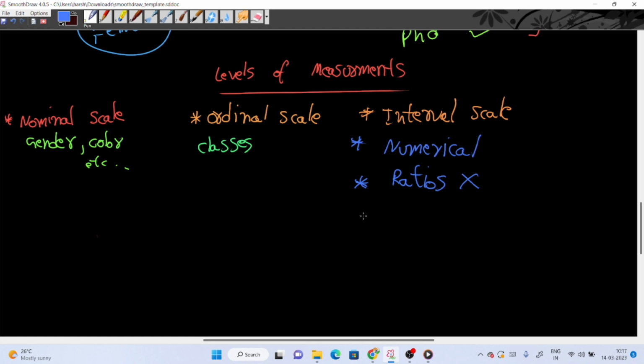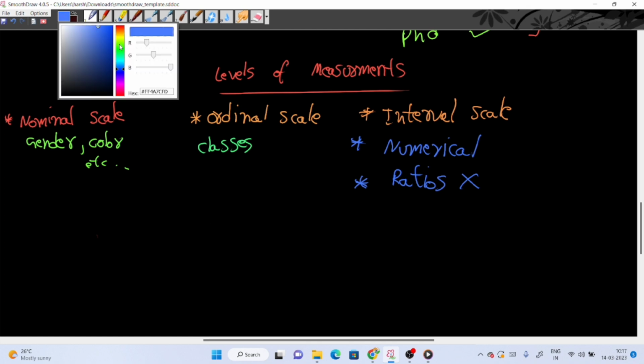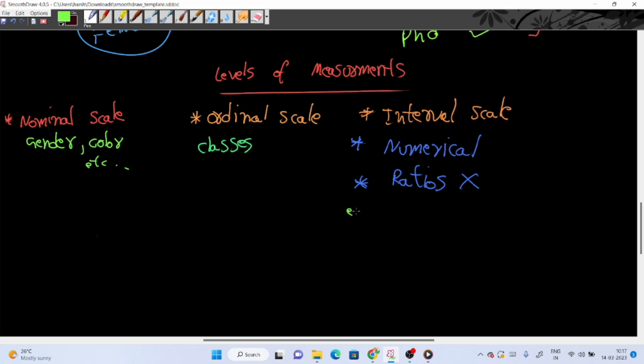The best example for it would be temperatures. For example, let us take two temperatures like 100 degrees Celsius and 50 degrees Celsius. So first point, these two are numerical, and we can't compare the ratios.